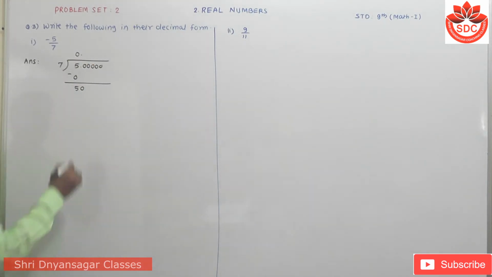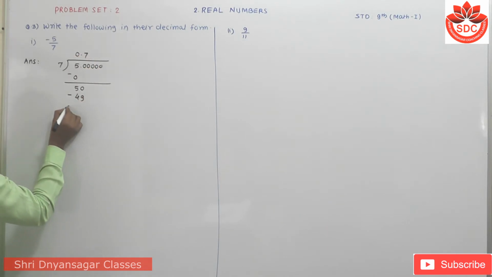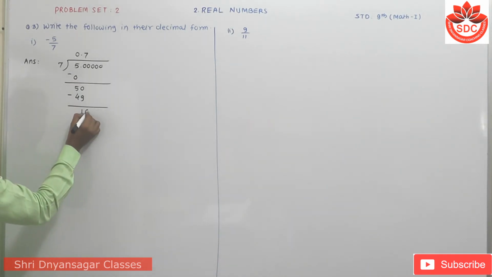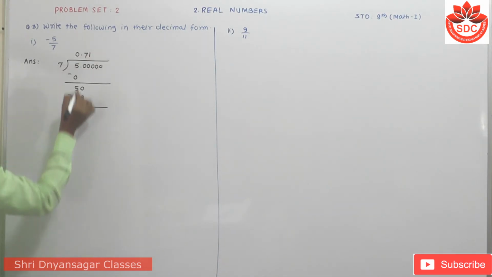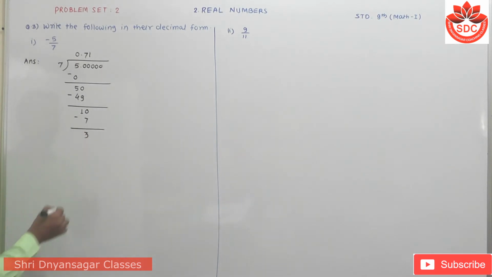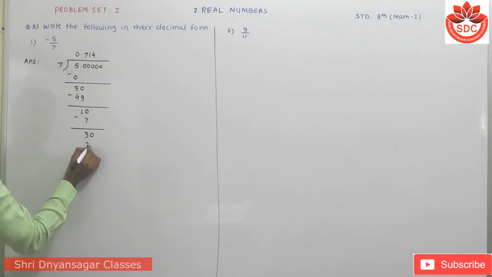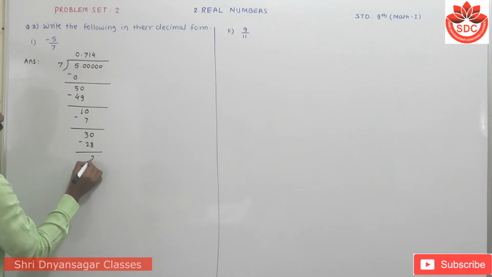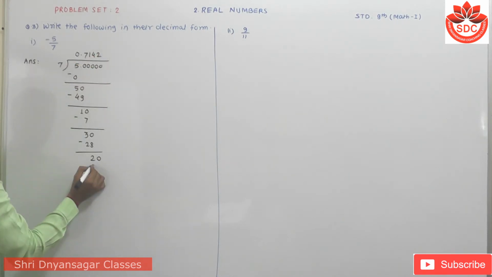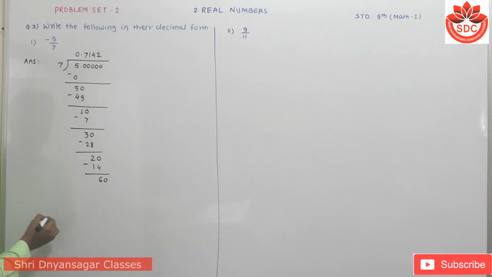Then 7 sevens are 49. When we subtract, the remaining is 1. Again take 0 here. Then 7 ones are 7. When we subtract, it becomes how much? 3. Then it becomes 30. Then 7 fours are 28. Remaining is 2, it becomes 20. Then 7 twos are 14. Remaining is 6 here.